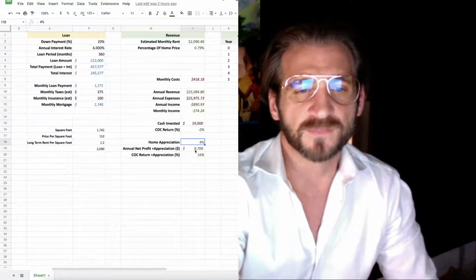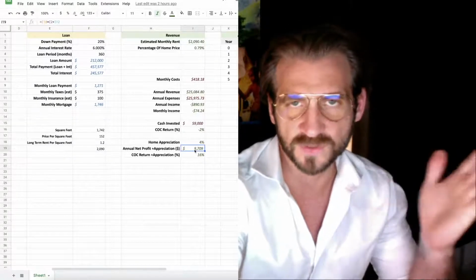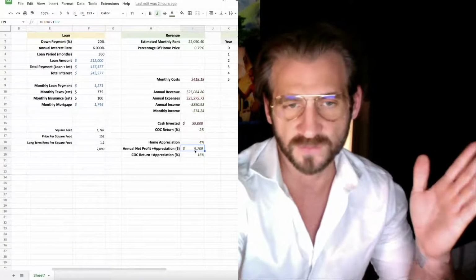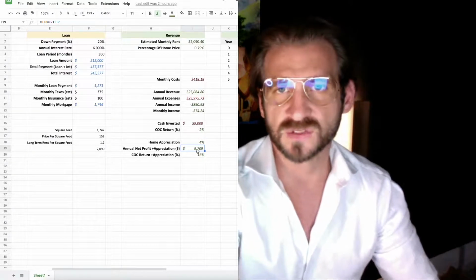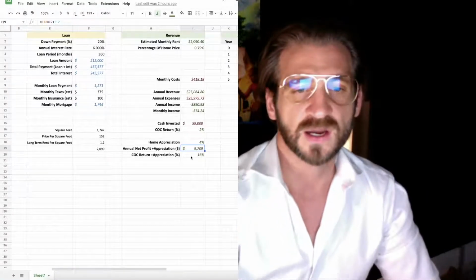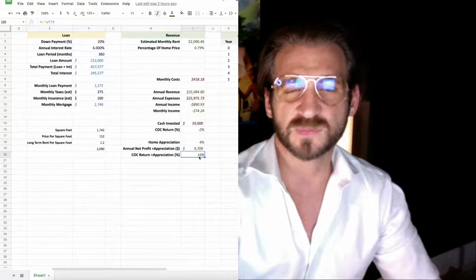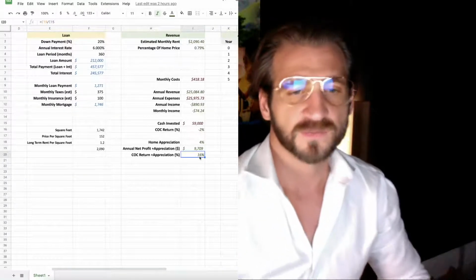And then if you include the profit, quote unquote profit, which is actually not profitable, plus the appreciation, you're looking at just under $10,000 a year in profit, including equity, which is going to bring you around like 16% ROI, depending on how you measure your ROIs.